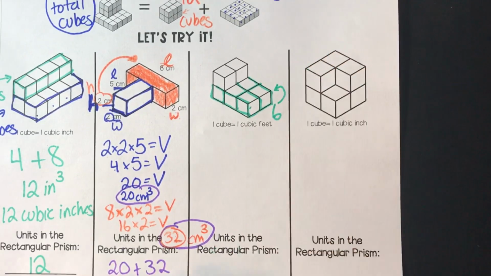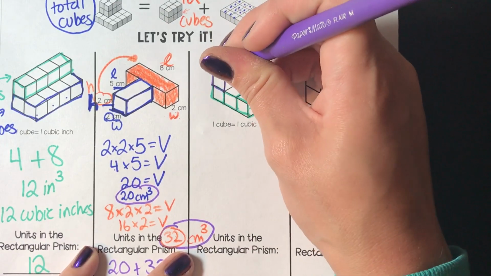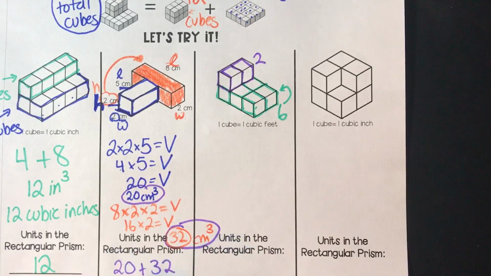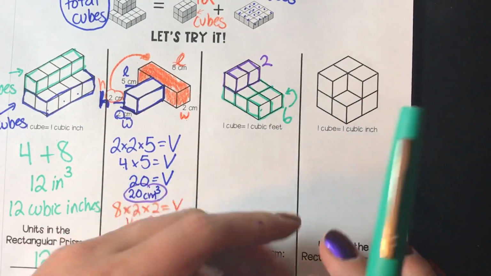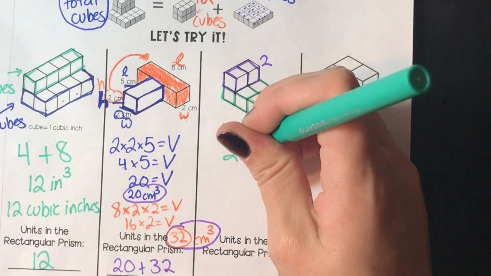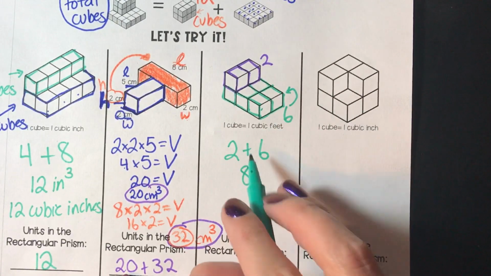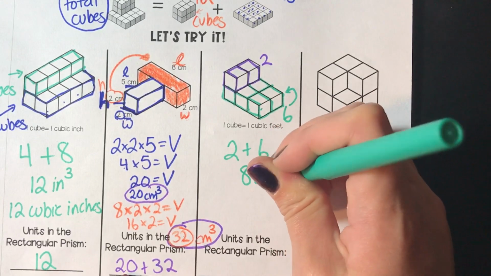And then 2 more little squares on top. And then, since I don't have dimensions, they didn't tell me the length, the width, and the height. I'm just counting the cubes. I would just add up those two values. 2 plus 6 is 8. It's just cubes, so I would just say units cubed.